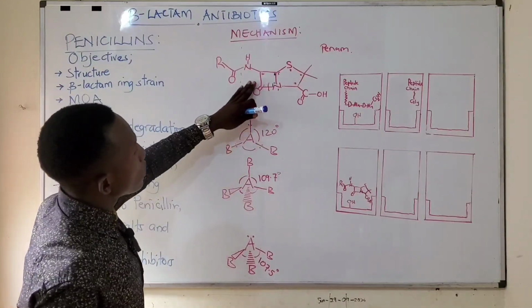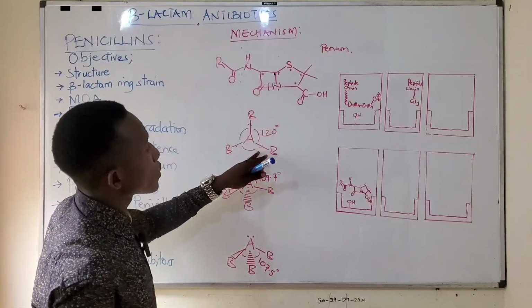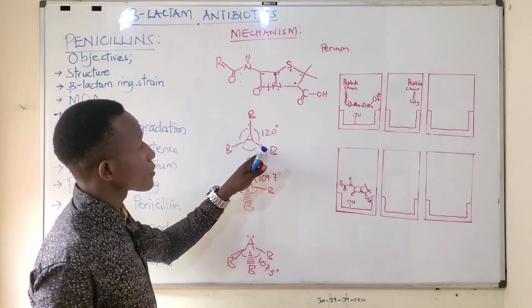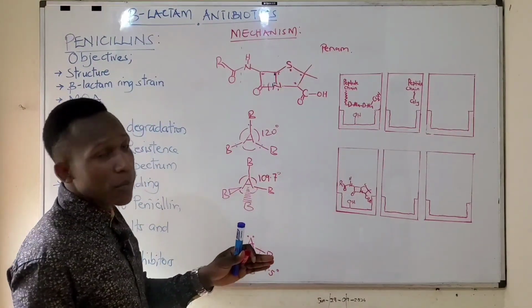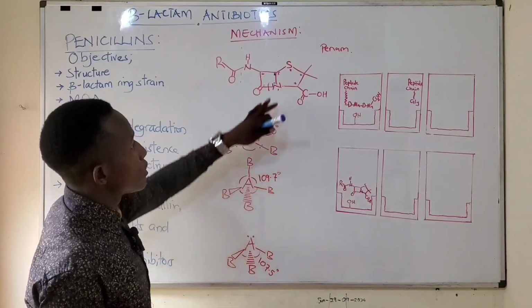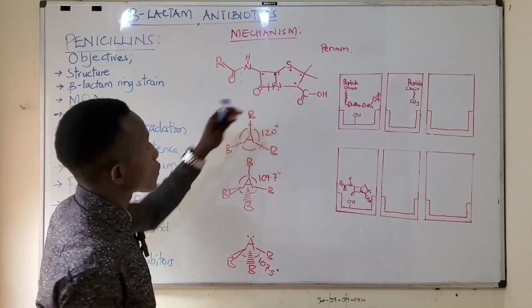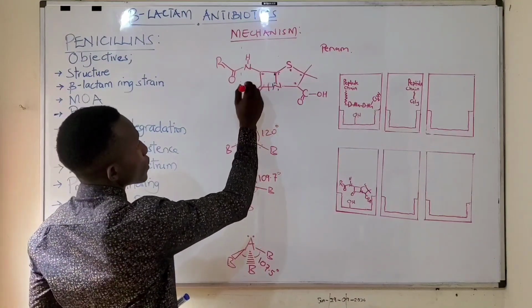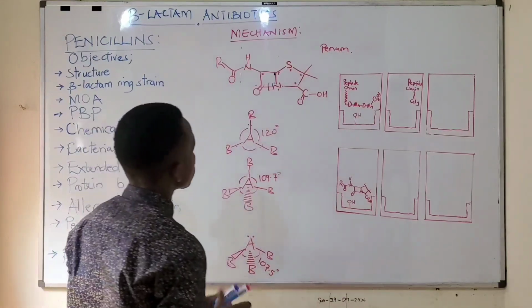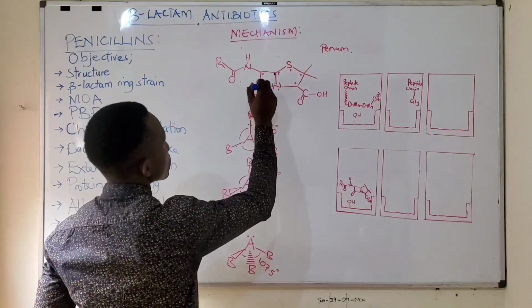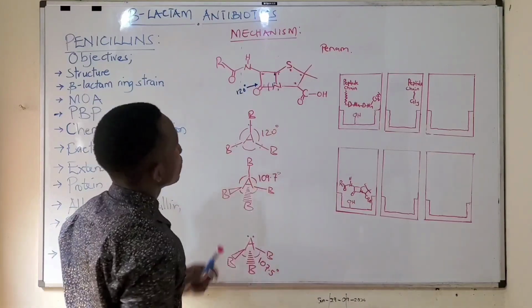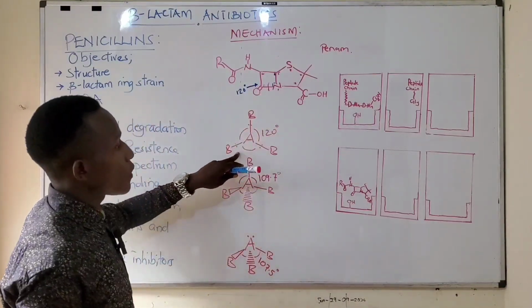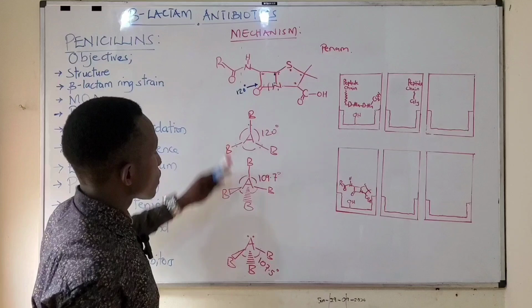So this angle was supposed to be 120 degrees because of the general structure, but it was forced to become 90 degrees in this structure.